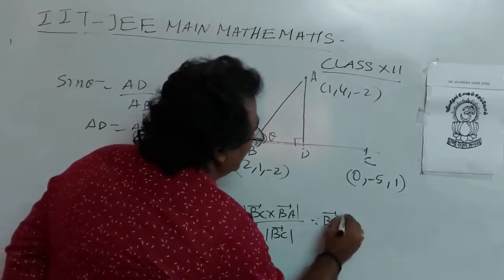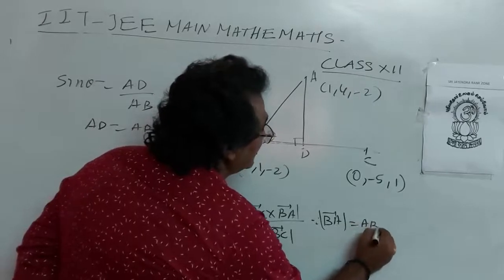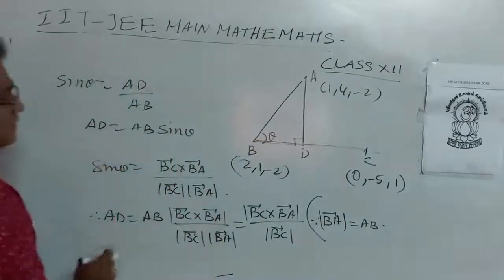Since modulus BA equals AB, this will get cancelled.